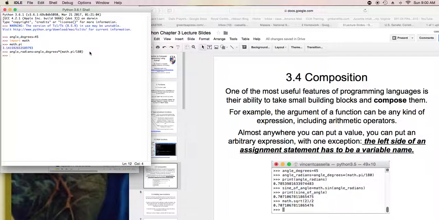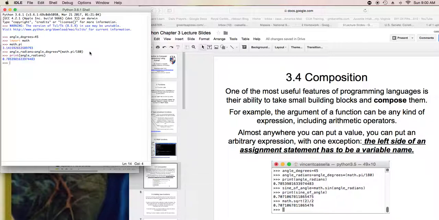If I want to see what that is, I could just type print of angle_radians, and 45 degrees is that number, 0.785 and so forth radians.